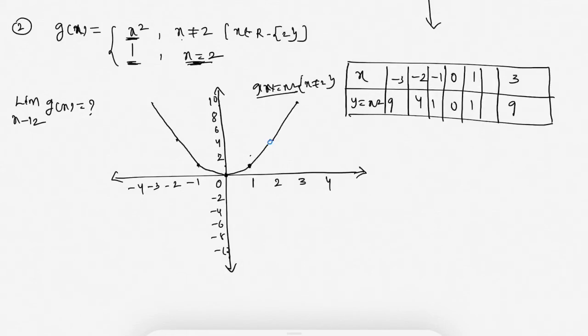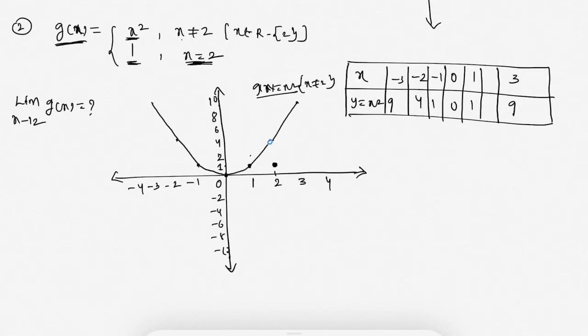Now at x equal to 2, g of x is becoming 1, not x square. So here it will be 1: g of x equals 1 at x equal to 2.